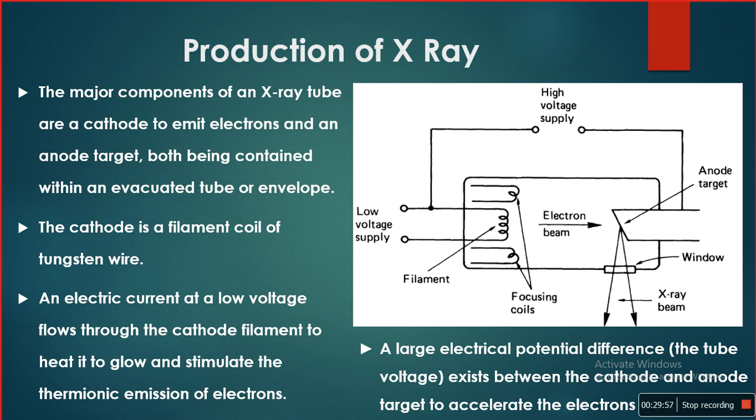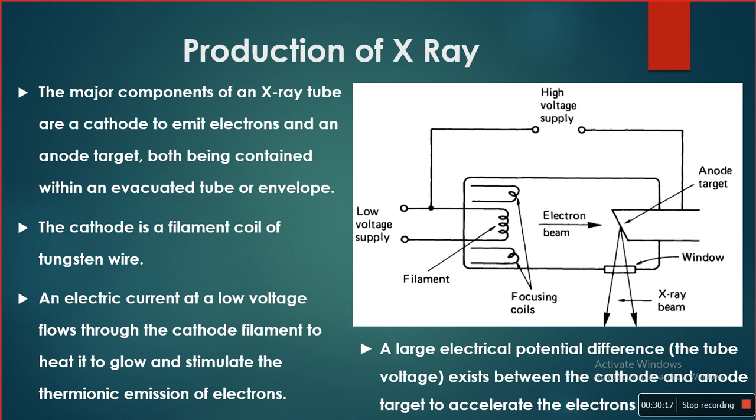So the tungsten target material is embedded in a copper block which is water cooled or oil cooled. As the temperature is high at that location, a cooling system is provided to control the temperature of the anode target.